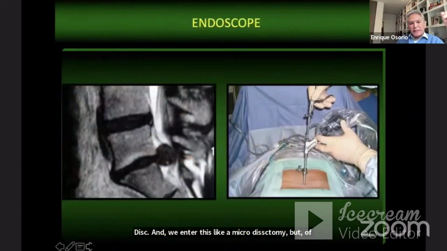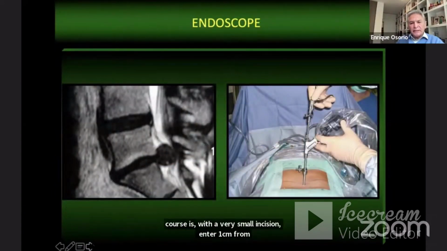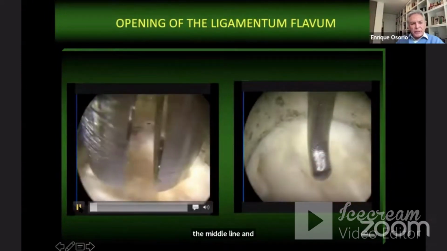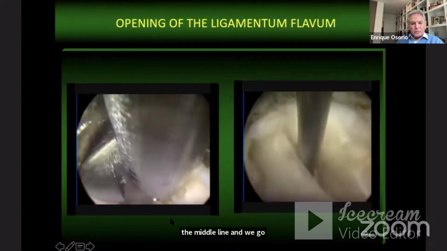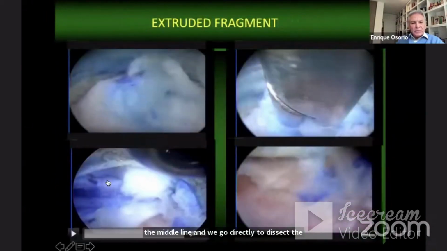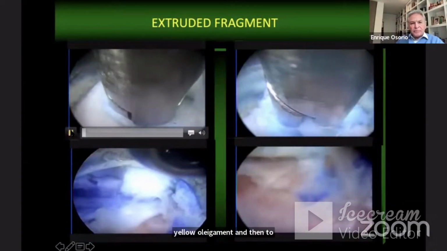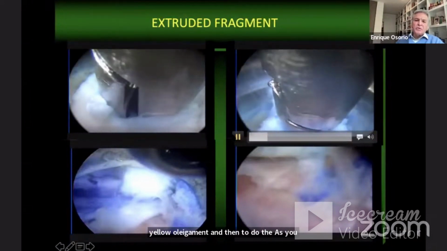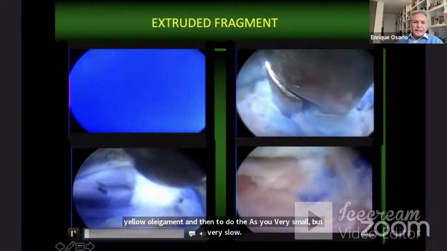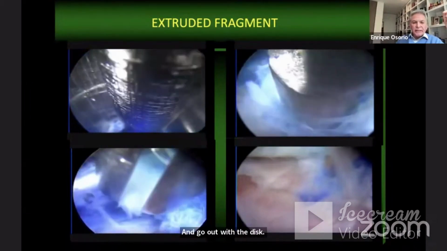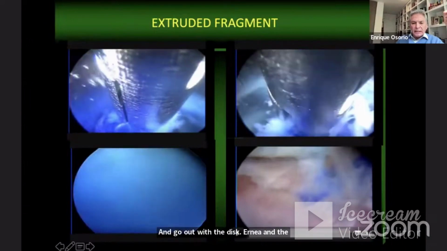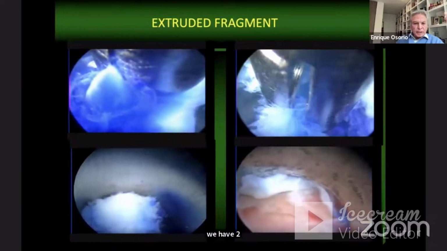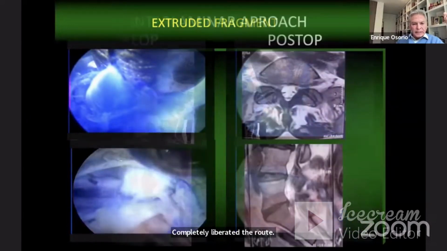We enter 1 centimeter from the midline, and we go directly to dissect the yellow ligament, and then do the discectomy as usual, very small, very slow, and go out with the disc hernia, until we completely liberate the root, and that's it.